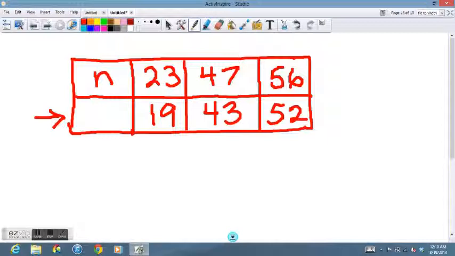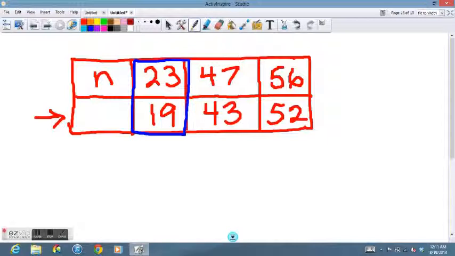Alright, so what I have to do is look at the numbers and see how they are related to each other. If I look in the first column here, n was 23, and the number below it is 19, which is a smaller number. So to get a smaller number, usually you have to subtract or maybe divide.